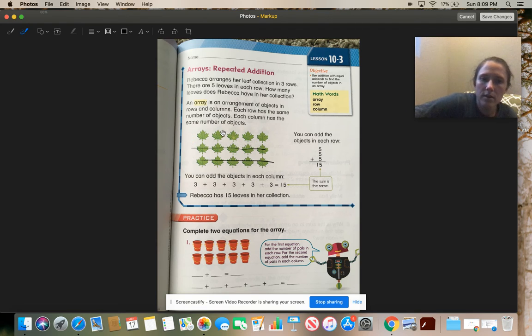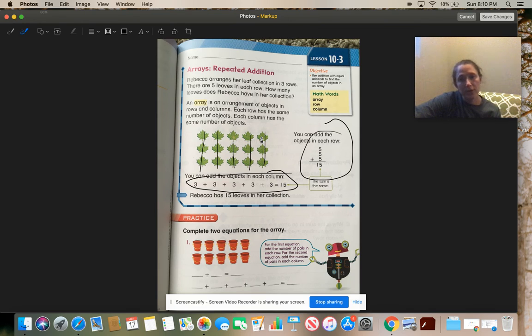So let's figure out how many she has. You could say, okay, we could add 5 plus 5 plus 5 like they did over here. Or you could add the columns, and how many are in each column? You could say 3 plus 3 plus 3 plus 3 plus 3 like they did over here.